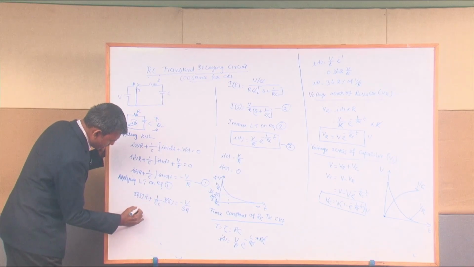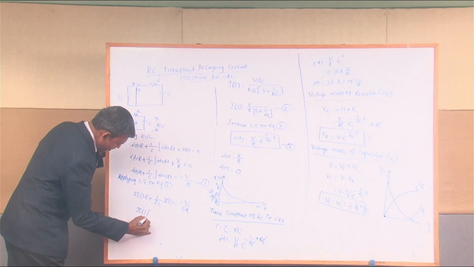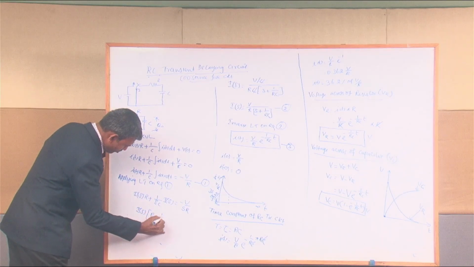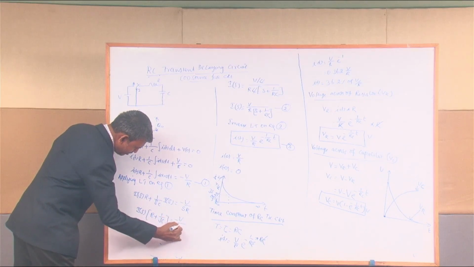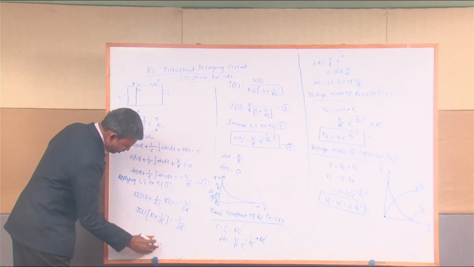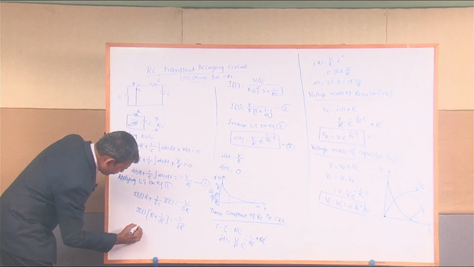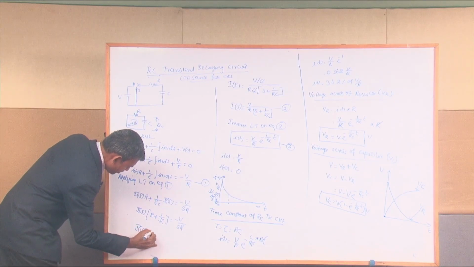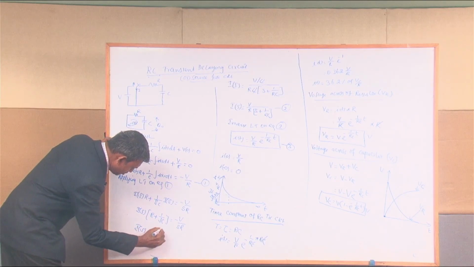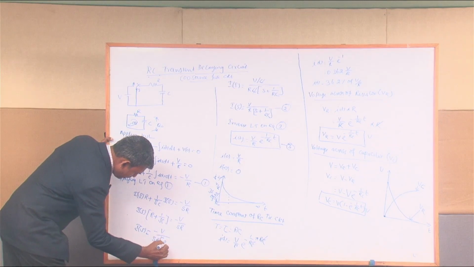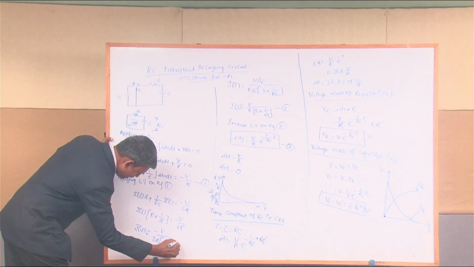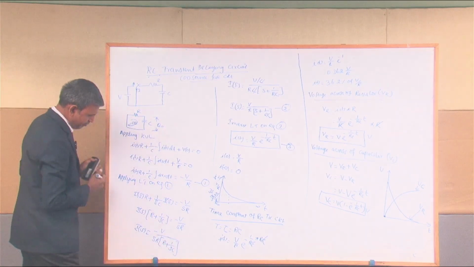Taking it outside, I of s into R plus 1 by sC is equal to minus V divided by s into R. So I of s is equal to minus V divided by s into R plus 1 by sC.